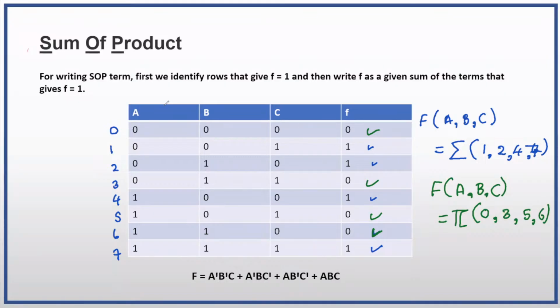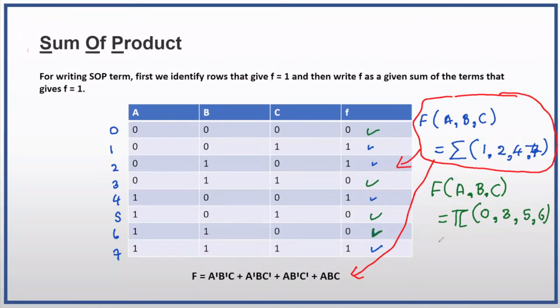Okay, now for notation, this is the truth table and this is the function. So it is the same as this one. But here you can see, as you use this short form, the sum of min terms, sum of products, you have to write it like this.